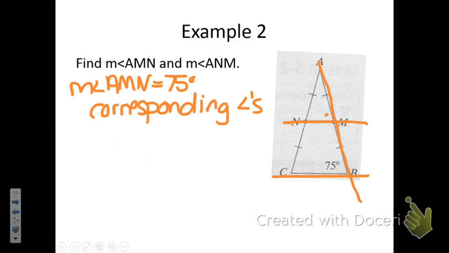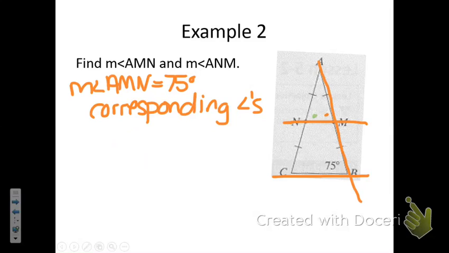Okay? Now, what about angle ANM? So that's on the other side. That would be this angle. Any ideas there? Okay, how do you know it's 75? Okay, but how do we know that they would both have to be 75? Good. It's an isosceles triangle.